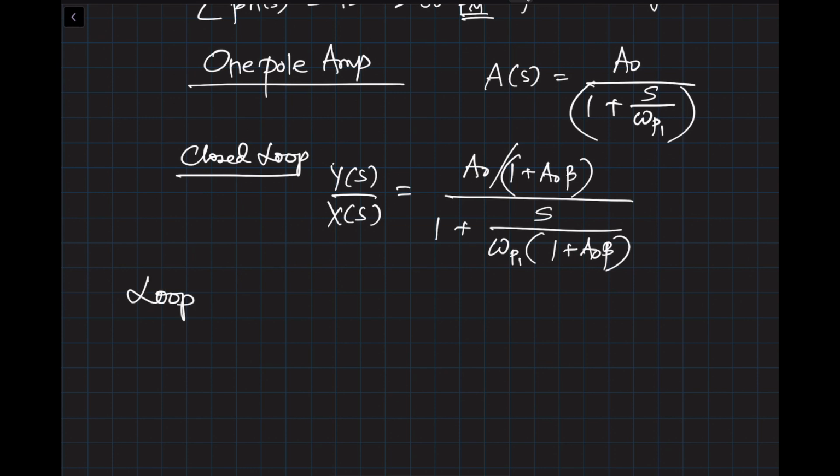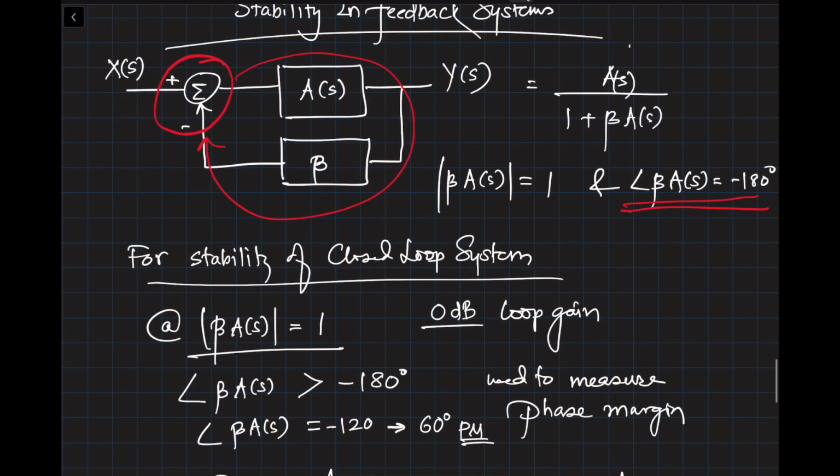Okay, so loop gain is given by beta times A of S. And we would like to observe the Bode plot of the loop gain, and then be able to tell, hey, is this going to be stable or not stable when I put it in the feedback loop, which is kind of what we did if you remember in the previous case. So here, when we defined all these things, we are only talking about the loop gain.